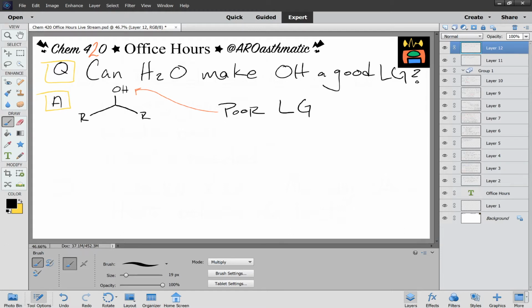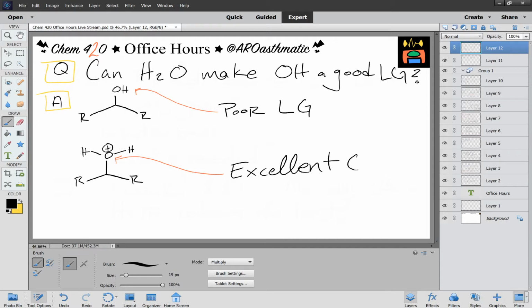But by contrast, we know that water, a protonated alcohol, this right here, is an excellent leaving group. And we know that we can turn OH into a good leaving group through protonation.